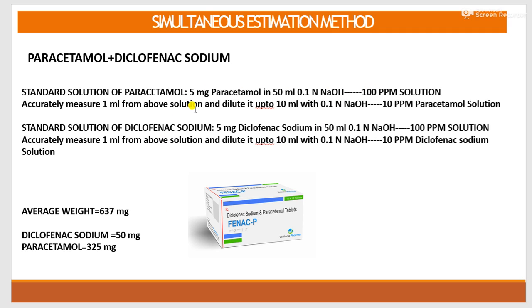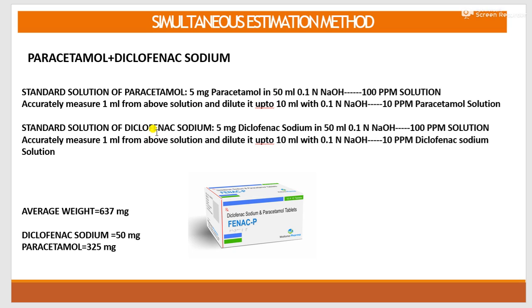From the above solution, 1 ml solution is taken and diluted up to 10 ml with 0.1 normal NaOH to get a 10 ppm paracetamol solution.